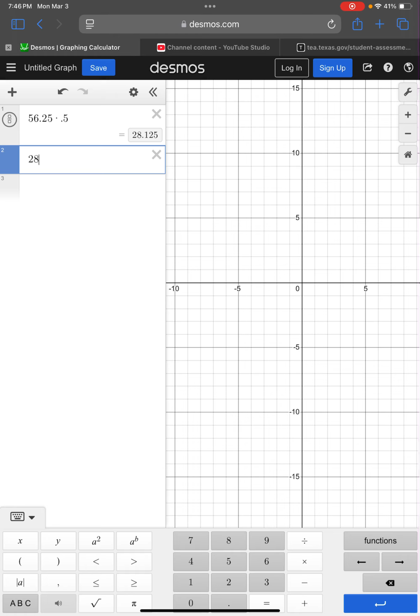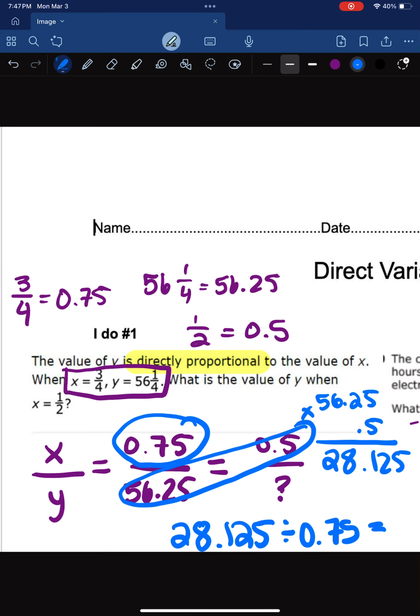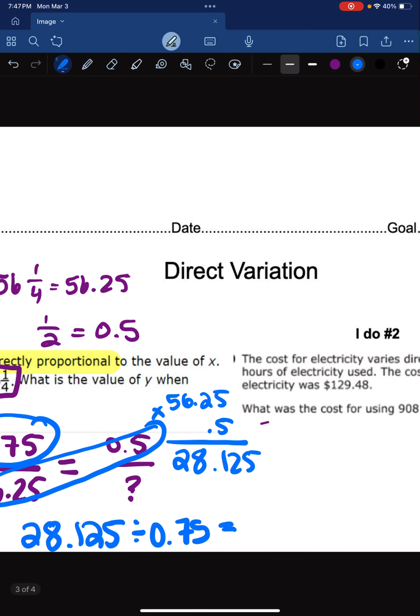Take that number divided by 0.75. And we get an answer of 37.5. So 37.5 would be my answer here.